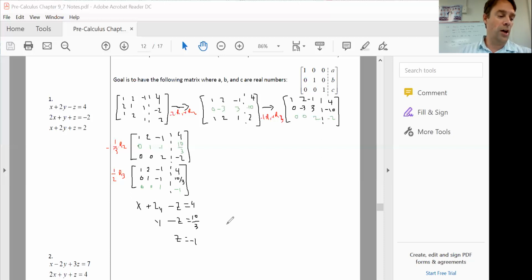So a real nice cut and dry way for us to figure out what our variables are, and know that it's always going to pop out and work for us. So y minus, I'm going to plug my -1 in there.